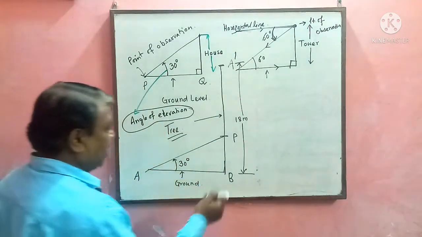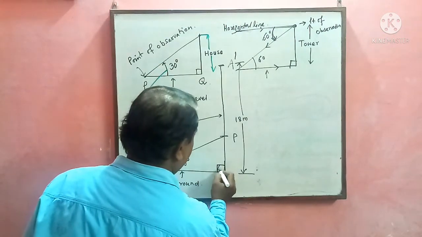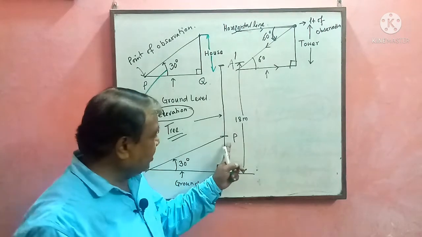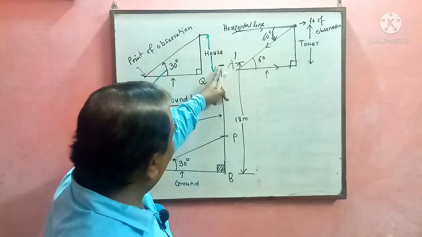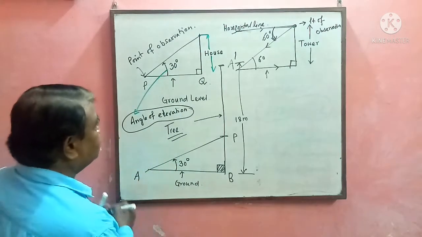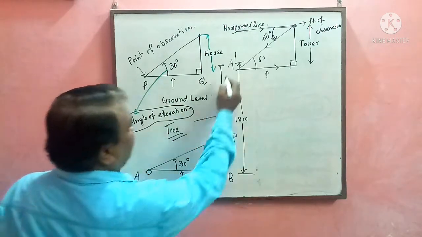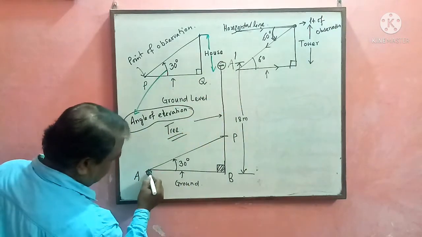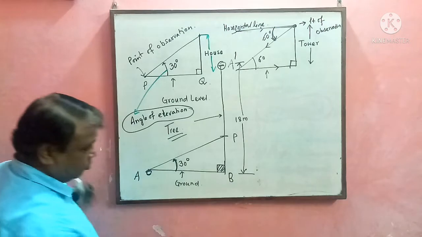Obviously, this tree, like anything, stands on the ground making an angle of 90 degrees. It is broken at P, and the upper part, the top, is coming to the ground. That is the reason I have written A dash and this is A. That means this point is coming to this point and making an angle theta with the ground.